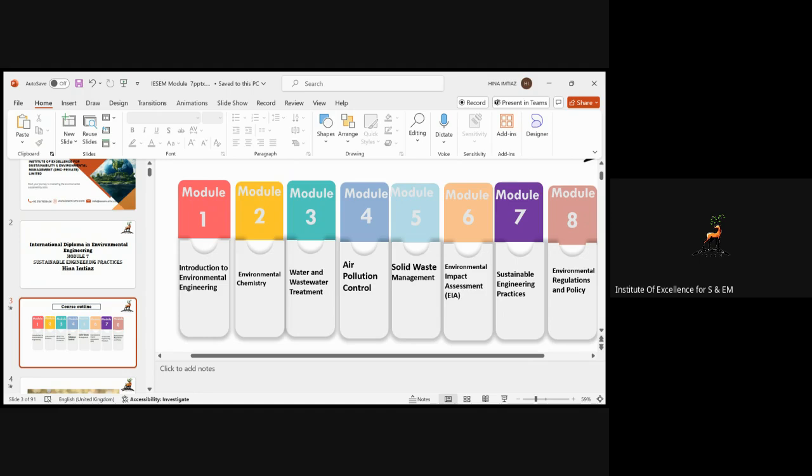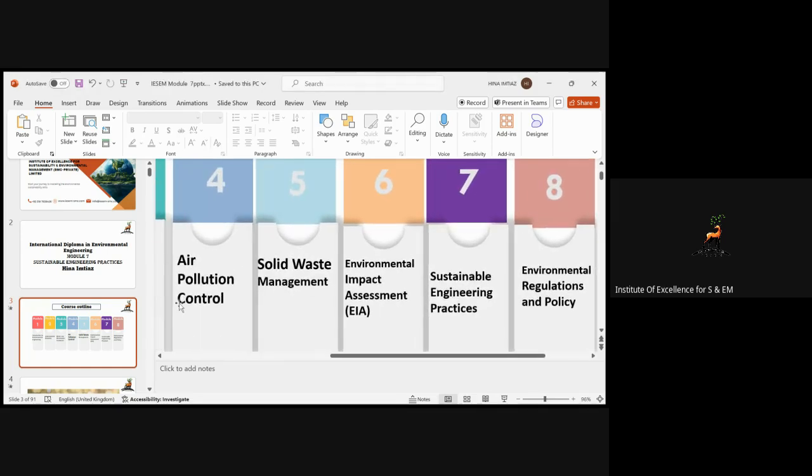You already learned about environmental engineering, environmental chemistry, waste and wastewater pollution, air pollution control, solid waste management, and environmental impact assessment. Today we will discuss module 7, which is sustainable engineering practices. After that, we have 3 more modules, 8, 9, and 10, which we will discuss in the upcoming classes.